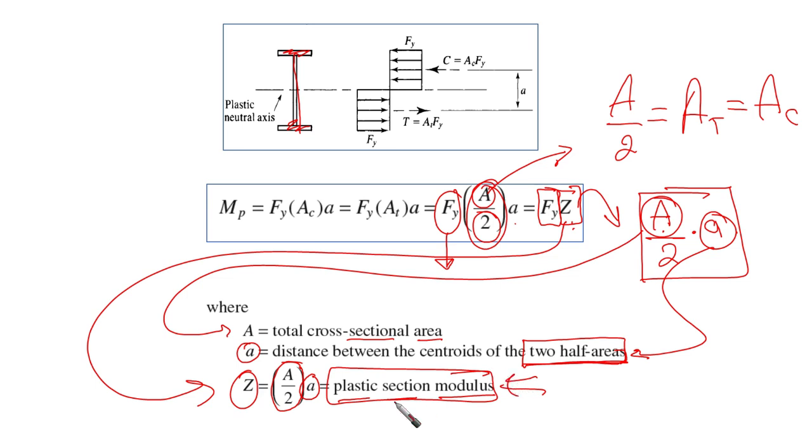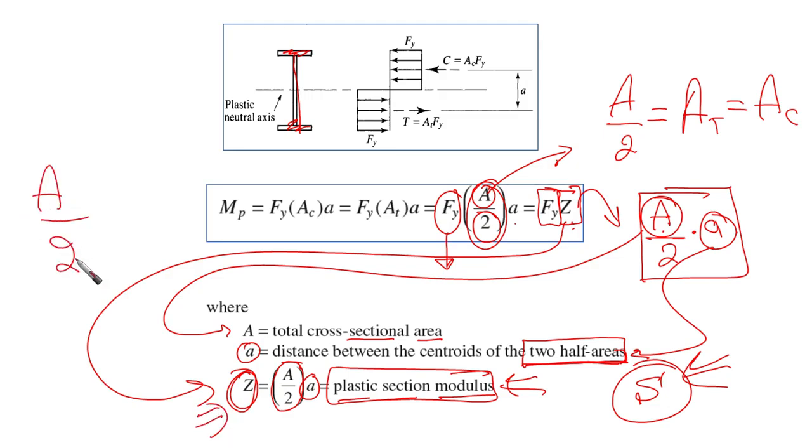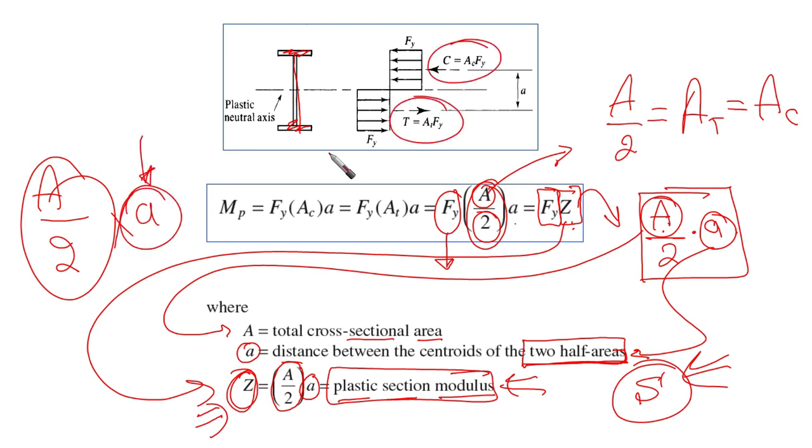Remember that the plastic section modulus is different than the elastic section modulus. I'm going to show it in a minute now. Plastic section modulus equals half of the area times a, where a is the distance between the compression and tension centroids.